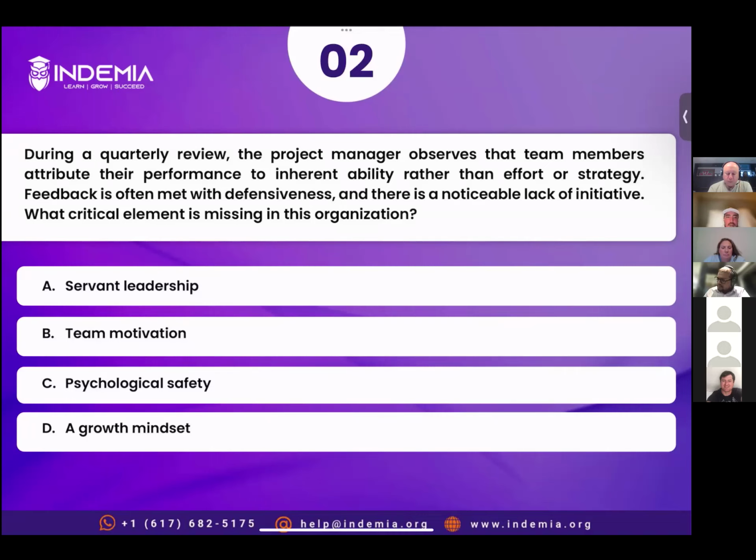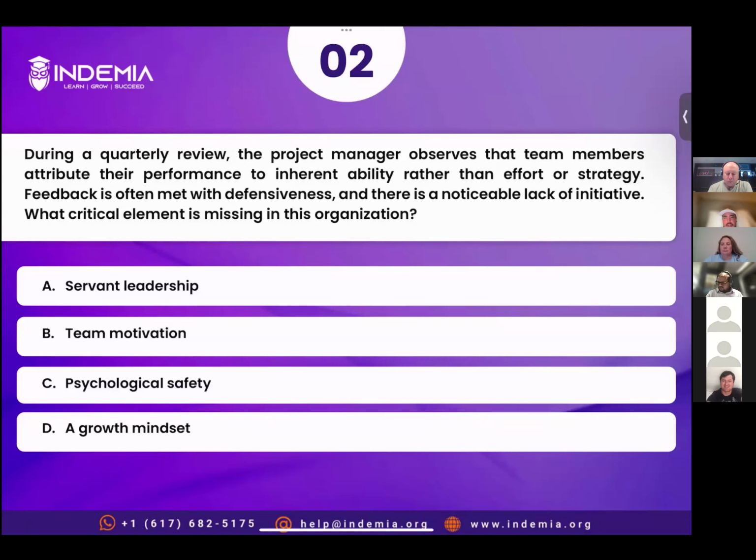Yeah, I thought it was option D, a growth mindset, because I think that their lack of initiative and the fact that feedback is met with defensiveness means that they're not, I guess, willing to grow, kind of similar to servant leadership.